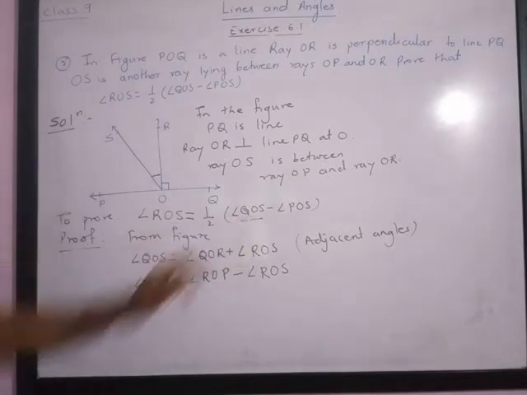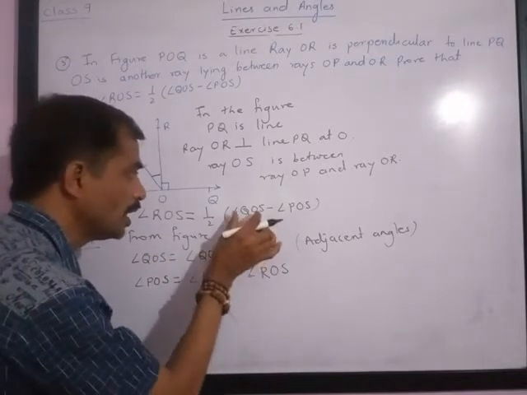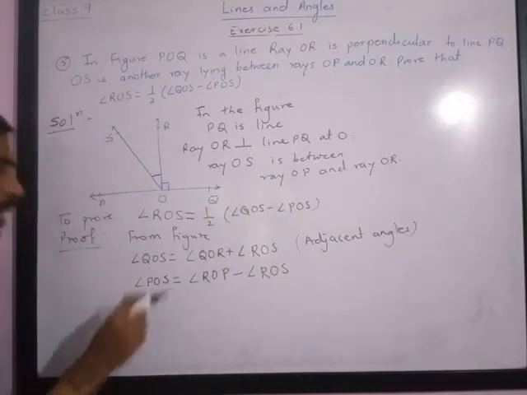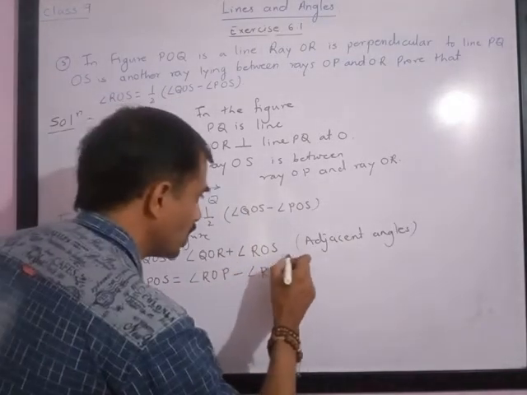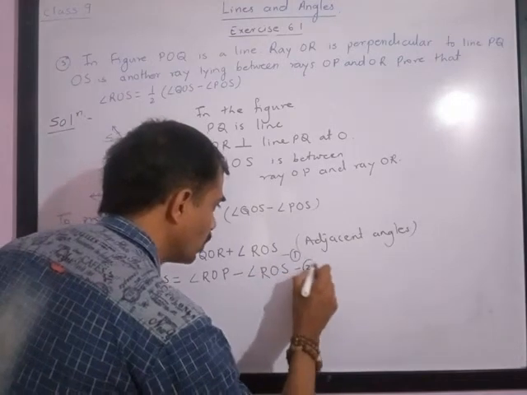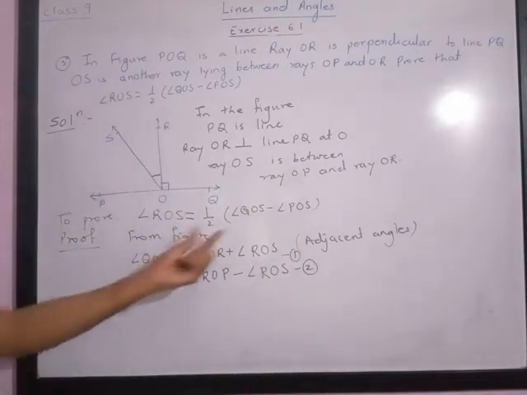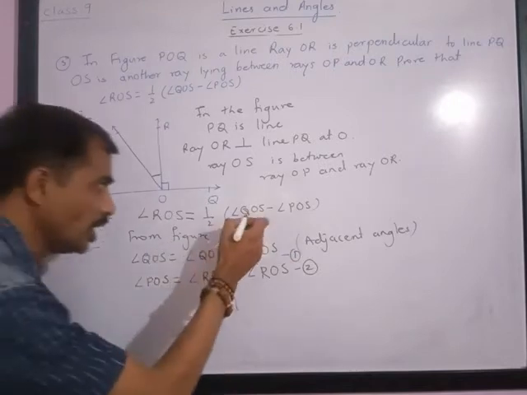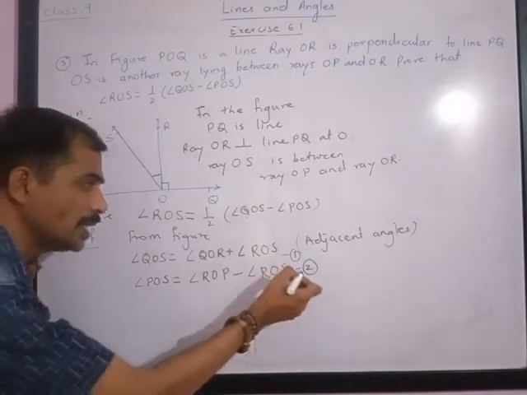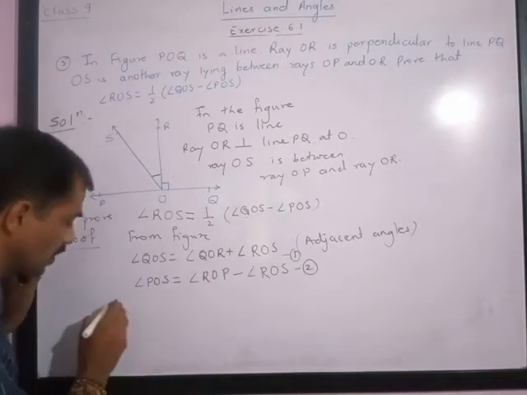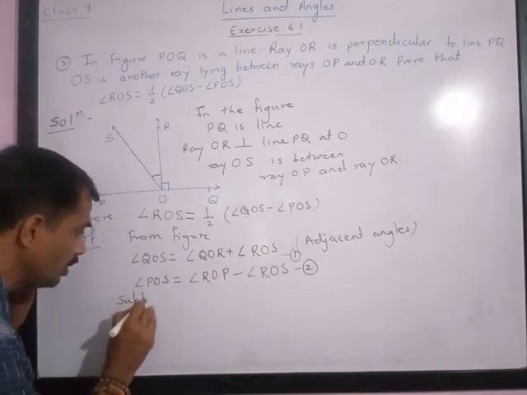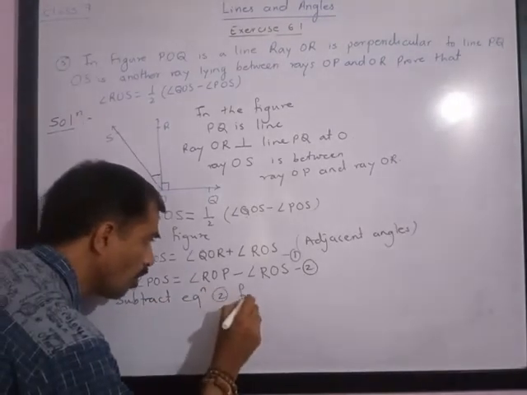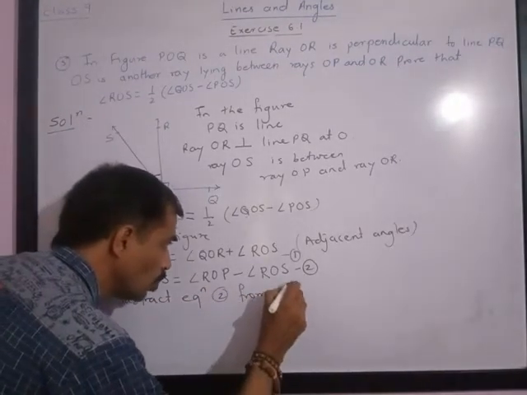Now observe, we are asked to find QOS minus POS. We have got angle QOS, we have got angle POS. Let us name them equation number 1 and equation number 2. Now, in order to get QOS minus POS, subtract equation 2 from equation 1.